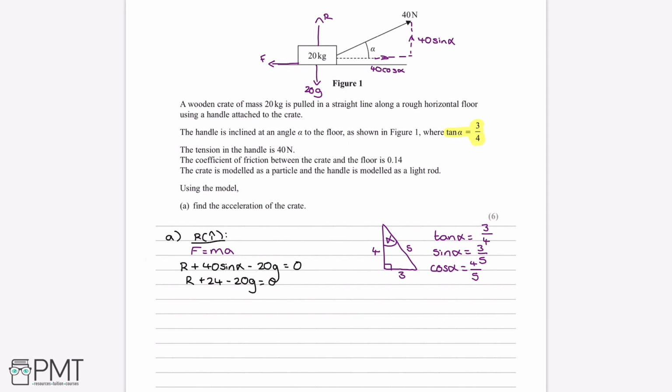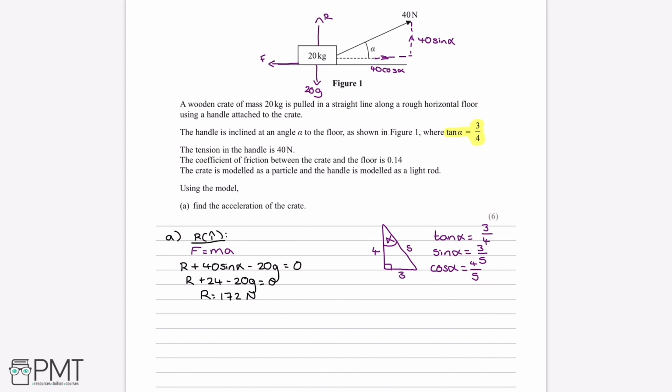So now, if we were to rearrange this to get R as the subject, we would add 20g to both sides and take away 24. And if we did this and then solved it in a calculator where g is 9.8, we would find that R is equal to 172 newtons. So this reaction force here is 172 newtons.